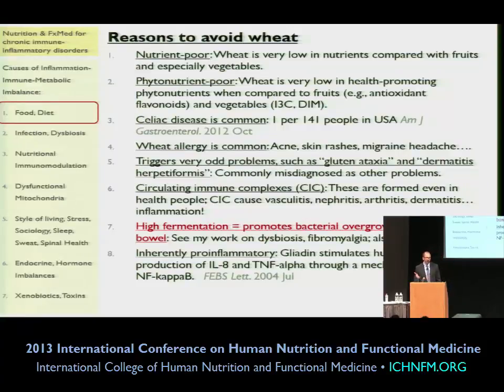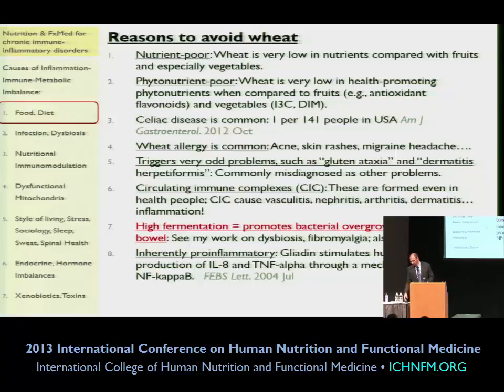Wheat triggers a lot of very odd problems. You're going to hear Tom O'Brien talk about this tomorrow, such as gluten ataxia, dermatitis herpetiformis, a lot of immune complex-mediated conditions. Because, as point number 6 says, even non-allergic, non-celiac patients, when they consume wheat, they form immune complexes. You're going to hear the theme of immune complexes in a few of my presentations, so I'll just explain what that means now.